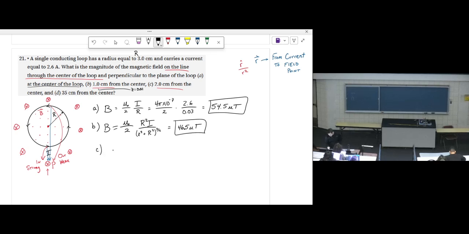In part C, you would get 31.4 microtesla, and at D, you would get 34.3 nanotesla.